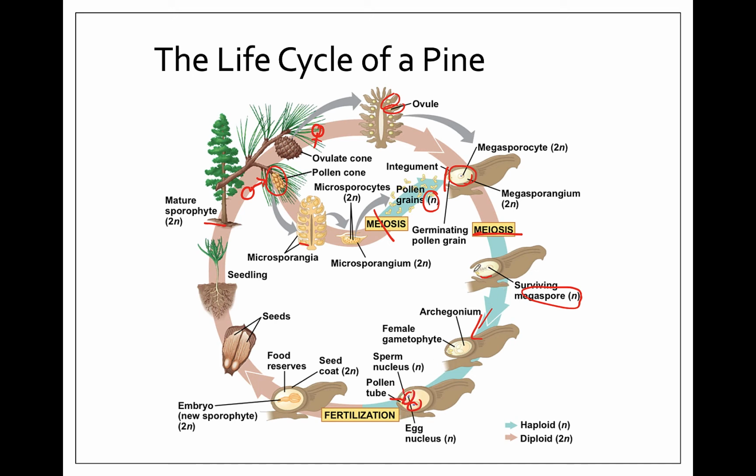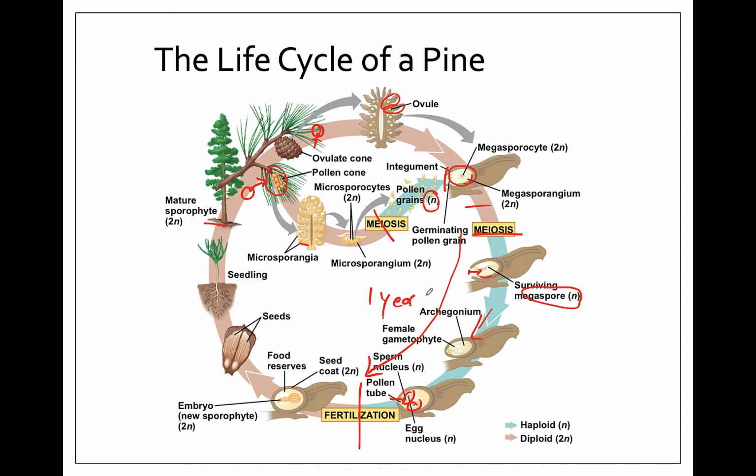By the time the megaspore develops into an egg, the pollen will have reached the egg. It takes a really long time for the pollen to go from the outside here at pollination all the way in to where the egg is going to be. Often this is going to take about a year between pollination, which is happening here, and fertilization, which happens here.